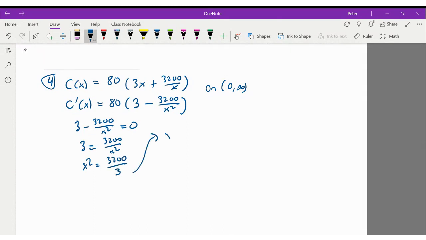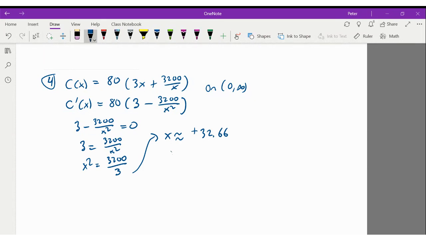So x approximately equals plus or minus 32.66. But of course, I don't really have to worry about the negative because I'm only interested in the interval 0 to infinity. So we'll take that out.